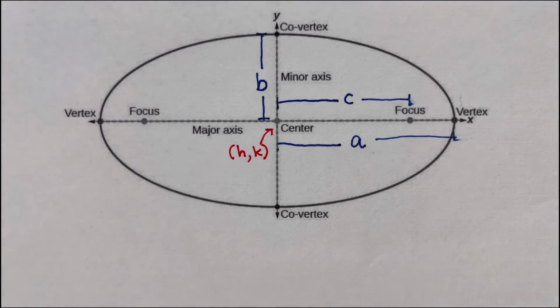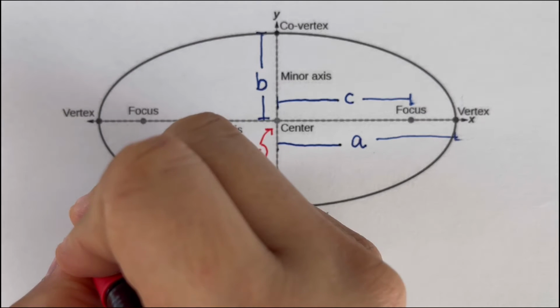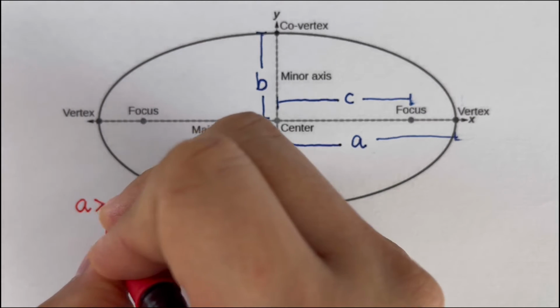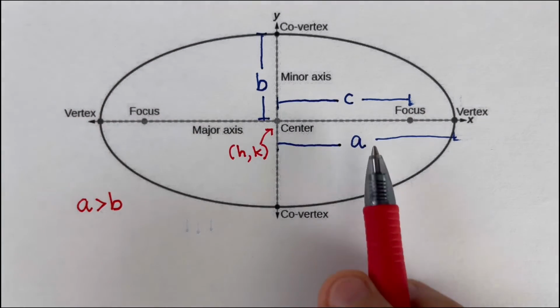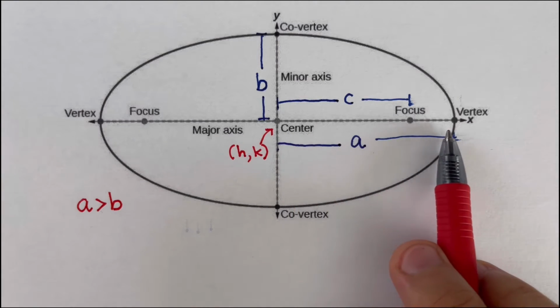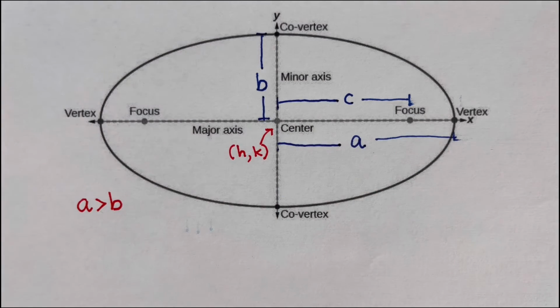Okay, now we always remember that for an ellipse, A is always greater than B. So the value of A will always be greater than the value of B.